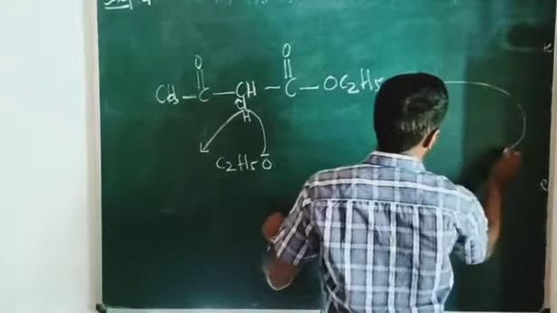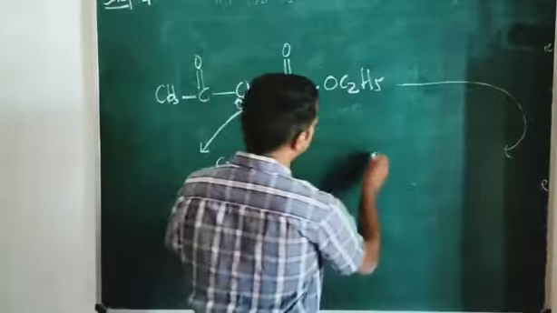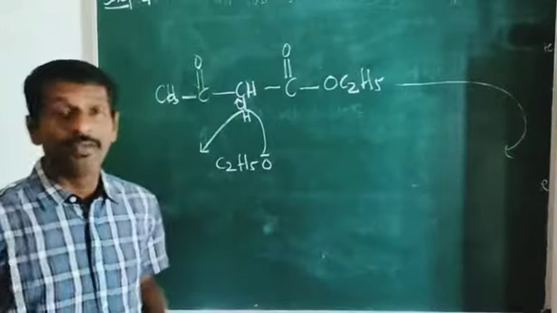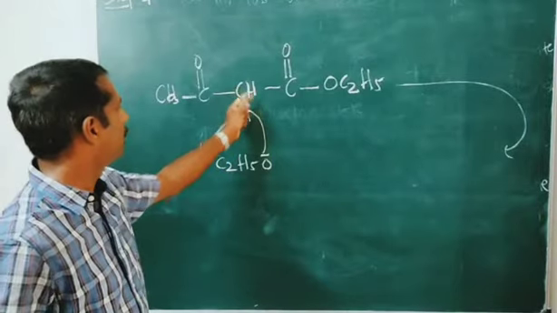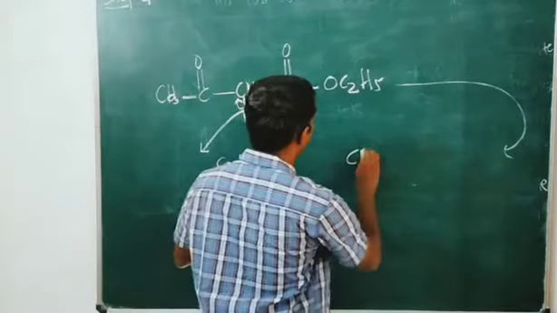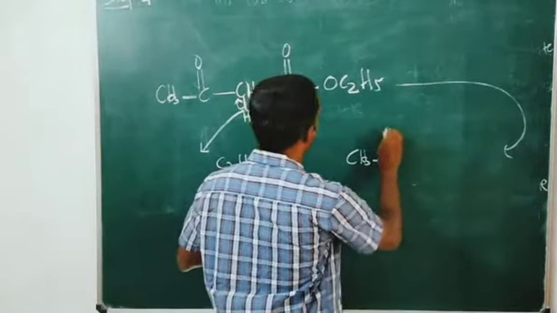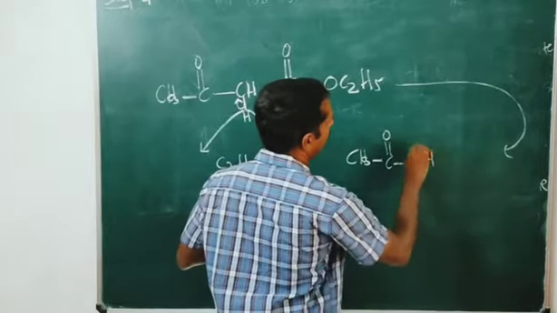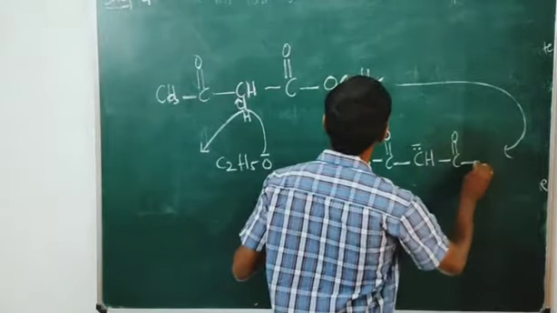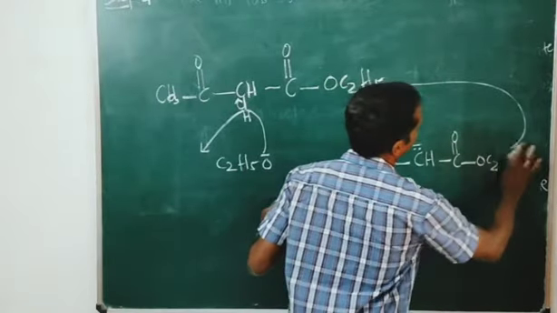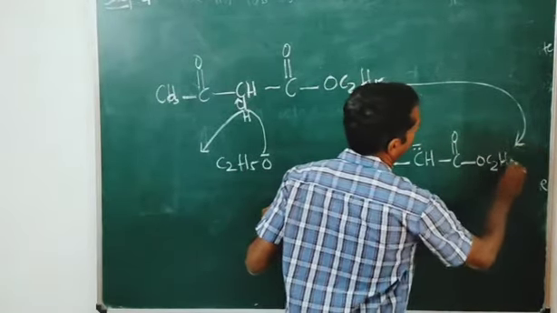Again we are getting enolate: CH3, C double bond O, CH with a pair of electrons and a negative charge, and C double bond O, OC2H5. This is enolate ion.